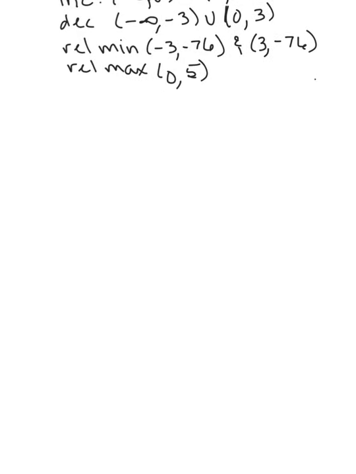Now we need to find concavity. To do that, we need the second derivative. The second derivative will be 12x squared minus 36. Set that equal to 0, and notice that 12 factors out. That would leave us x squared minus 3 inside.